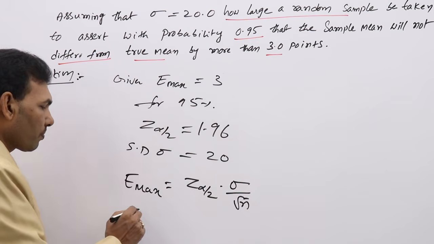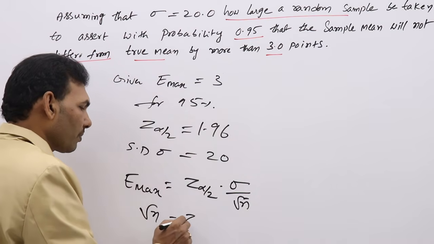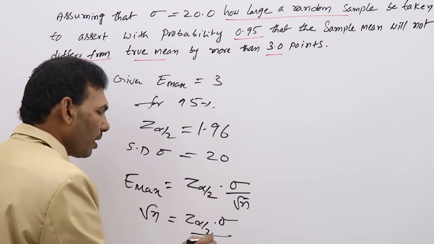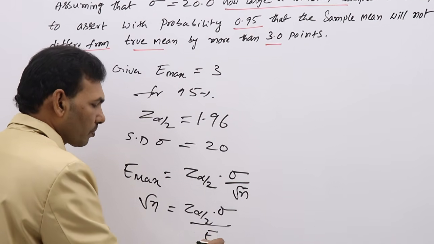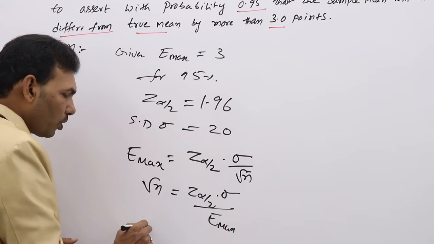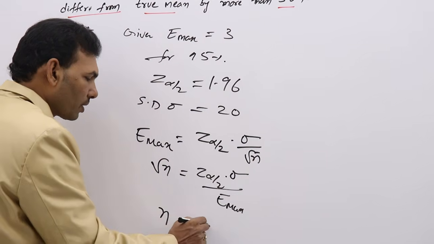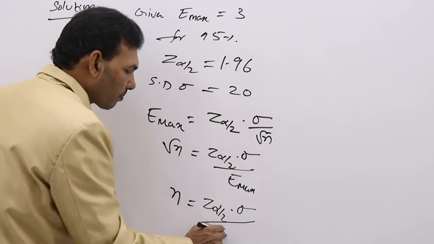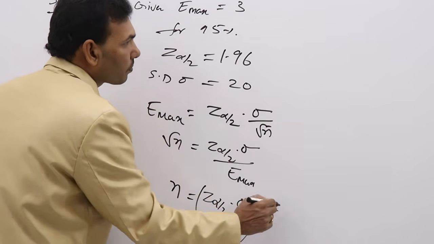From this, root n is Z alpha by 2 into sigma by E max. Squaring on both sides, you will get n equal to Z alpha by 2 into sigma by E, whole square.